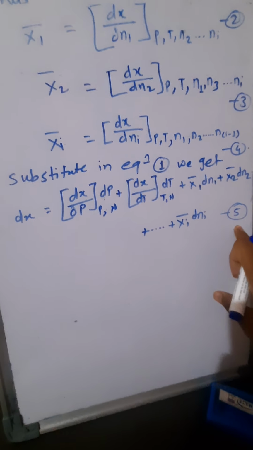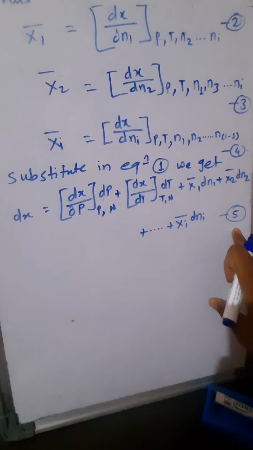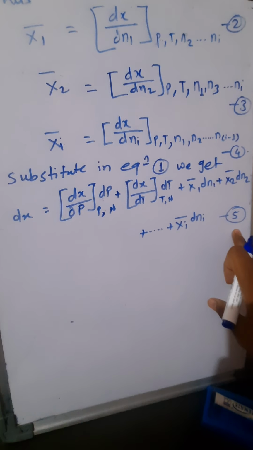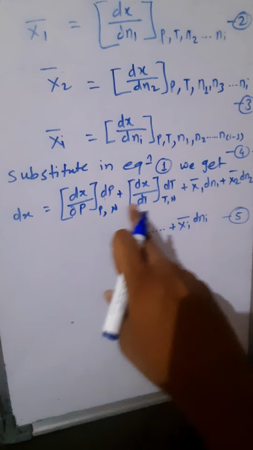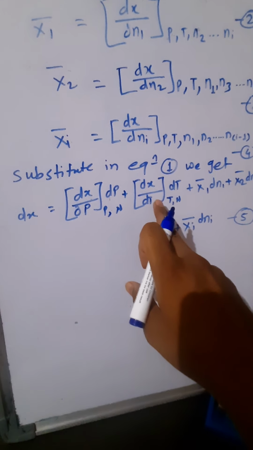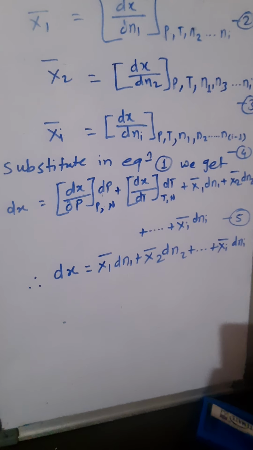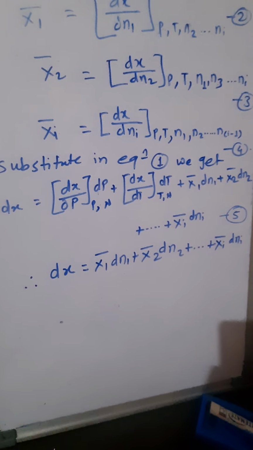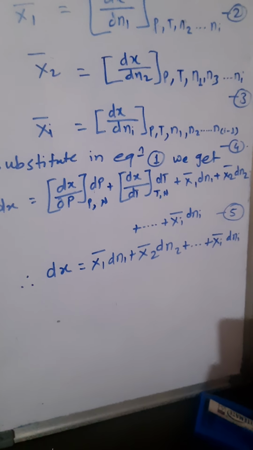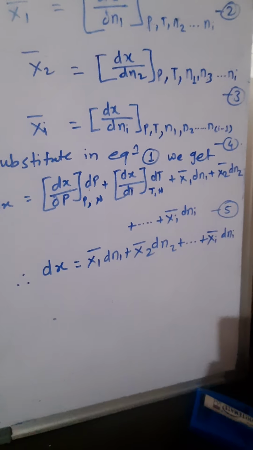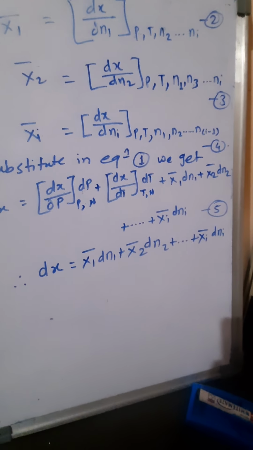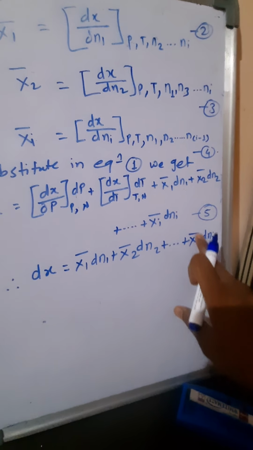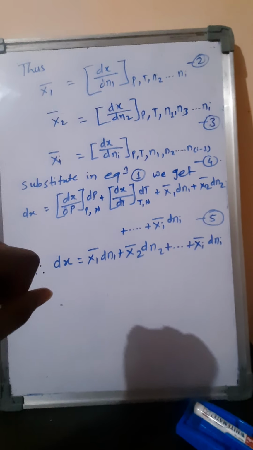This is equation number 5. At constant pressure and temperature, the first two terms on the right hand side become 0. Then we get dX is equal to X1 bar dn1 plus X2 bar dn2 plus up to Xi bar dni.